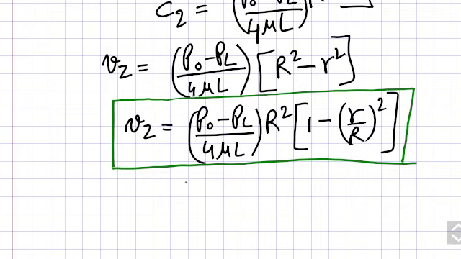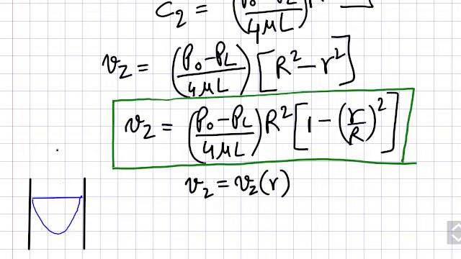Actually this Vz is a function of r, and r is in square, so you can say that this velocity is parabolic in the tube. Here is the tube and the flow is like this.